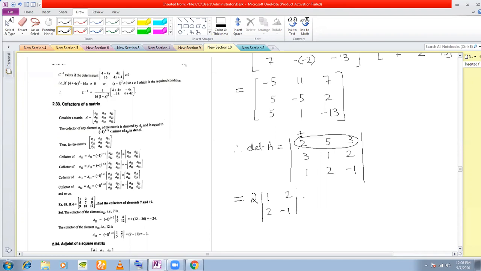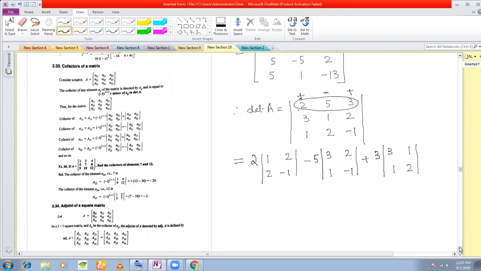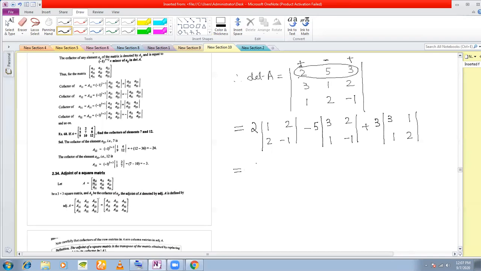Next position is your minus position, so you write minus 5 times the determinant after hiding the first row and the second column. So you get 3, 2, 1, minus 1. Next, this is the plus position, so plus 3. Now hide the first row and the third column. So you get 3, 1, 1, 2.